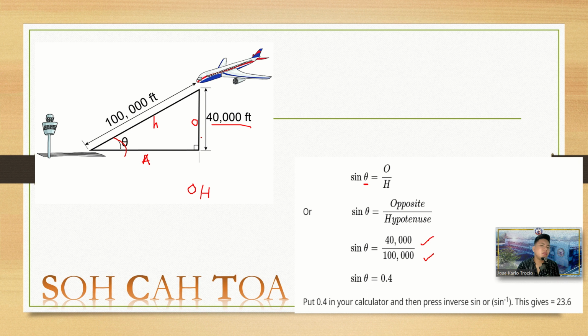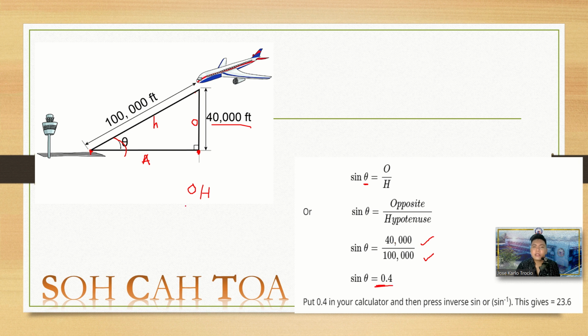Okay, we are going to see the distance, not the displacement, from a certain point to this point, which is a little bit parallel to the placement of the airplane. So you have 40,000 over 100,000. You divide that, it is 0.4.